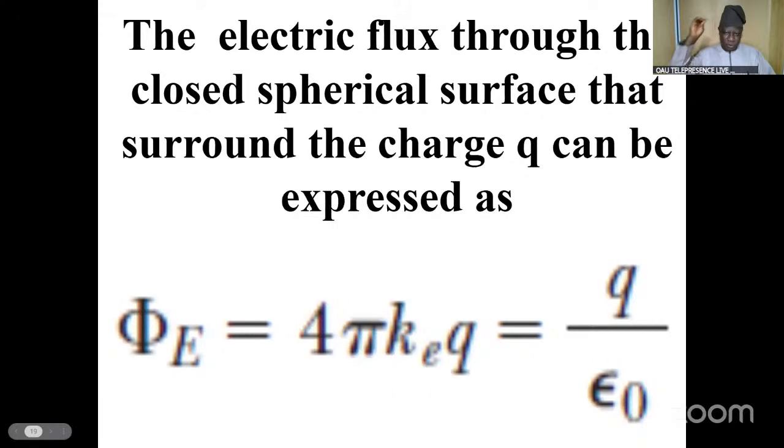Now to electric flux. The electric flux through the closed spherical surface that surrounds the charge Q can be expressed as phi of E equals 4 pi k e Q. So anytime I want the value of electric flux, you use this formula.